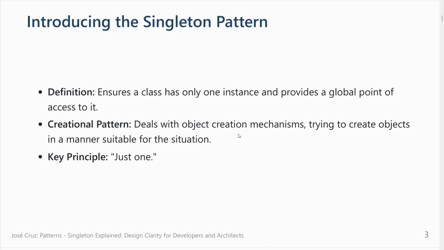So it deals with object creation mechanisms, trying to create objects in a manner suitable for the situation. That's why it's a creational pattern. Key principle, just one. That's the main idea, just one instance. And now the question is how can you develop code to make sure that only one instance of a specific class exists. And of course, the first tip that I can give you is to block the new as much as you can.